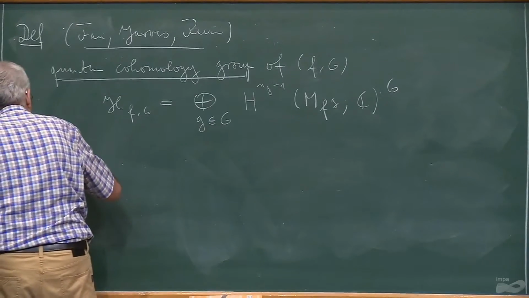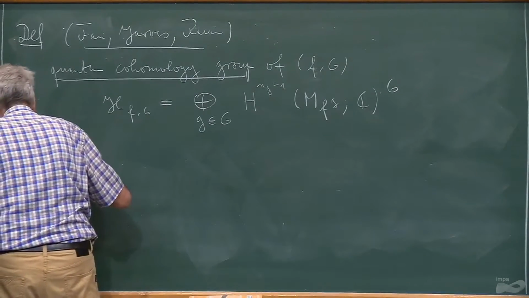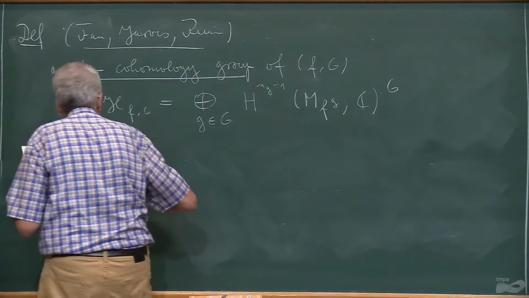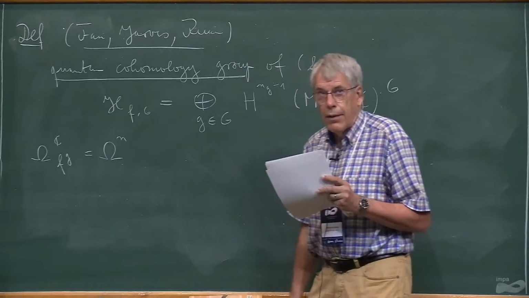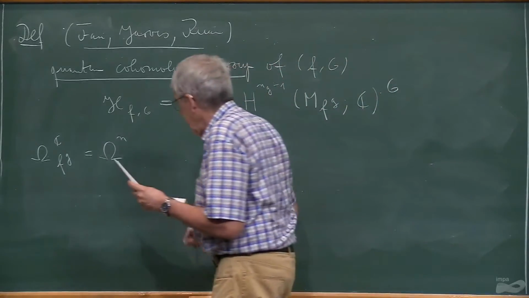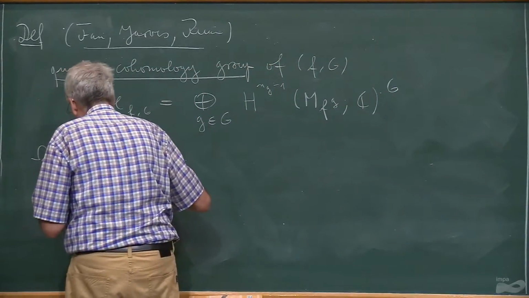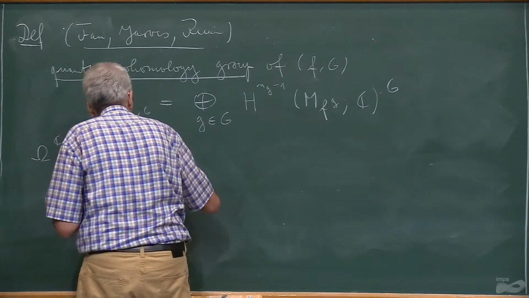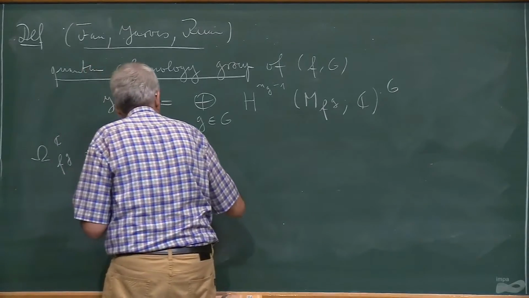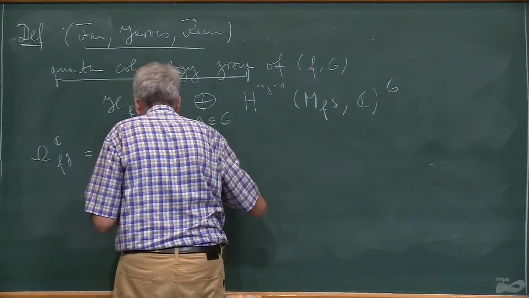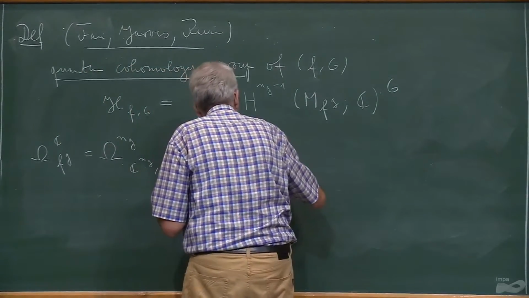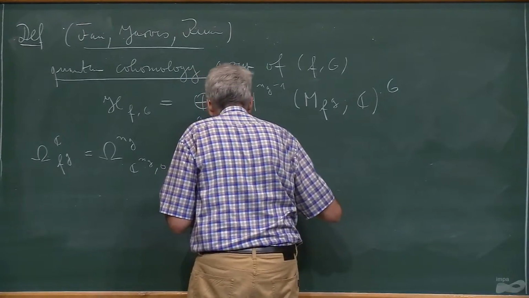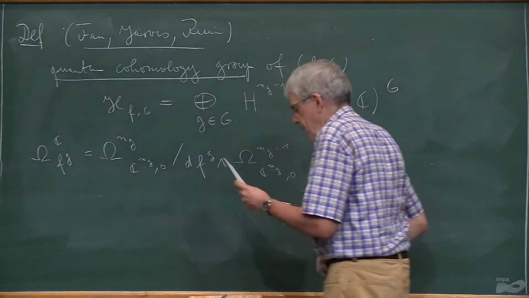And we denote by omega Fg the module of holomorphic n_g forms on C^(n_g), 0 modulo dFg wedge omega n_g minus 1 on C^(n_g), 0.